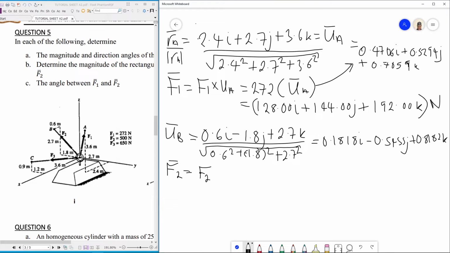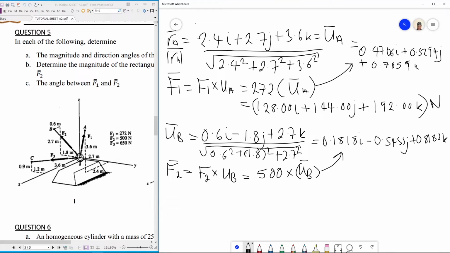All right. That being the case, then our F2 as a vector is equal to the F2 magnitude multiplied by the unit vector B, which is equal to the F2 we've been given to be 500 multiplied. This is not a cross product, it's just a multiplication sign. So we're multiplying by the unit vector in the direction of B, which is this.